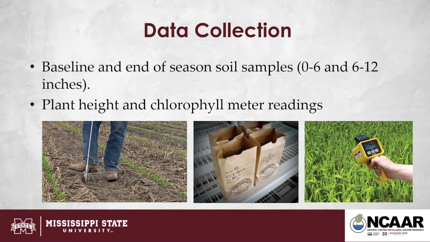And then at the end of the season, we also collected soil samples from 0 to 6 and 6 to 12 inches depth from every treatment, and had it analyzed for residual soil fertility in 2020. And we also collected plant height data on a biweekly basis and chlorophyll meter readings on a biweekly basis.